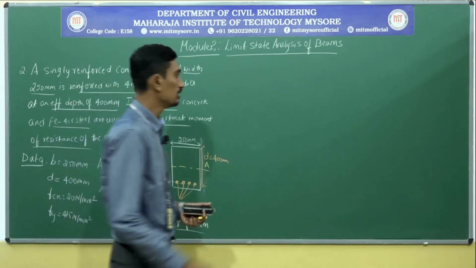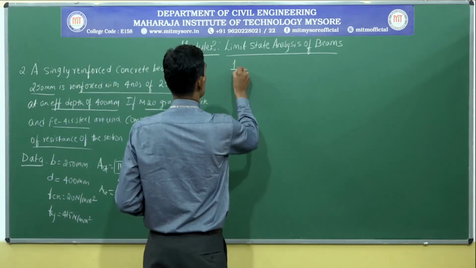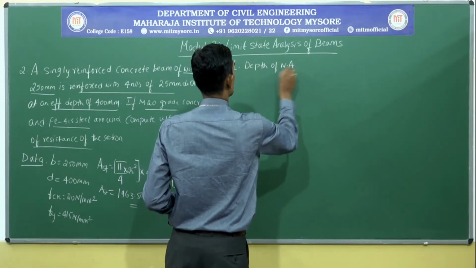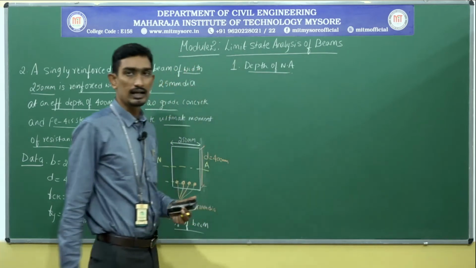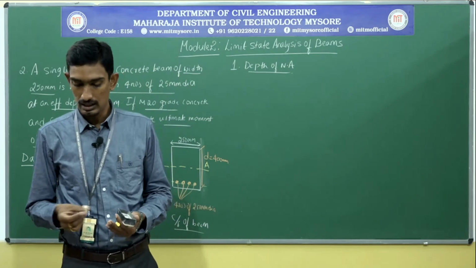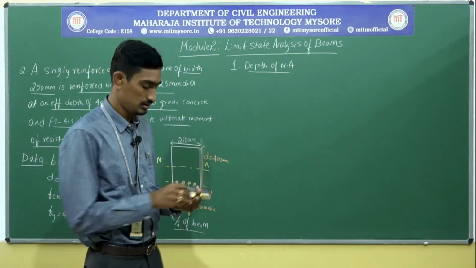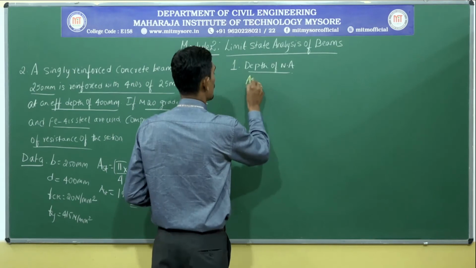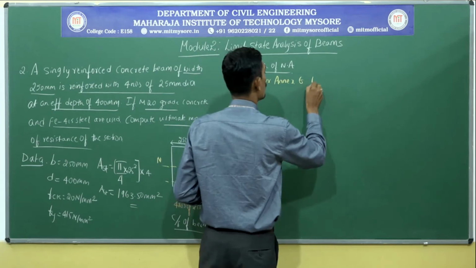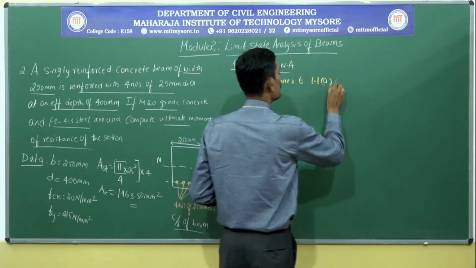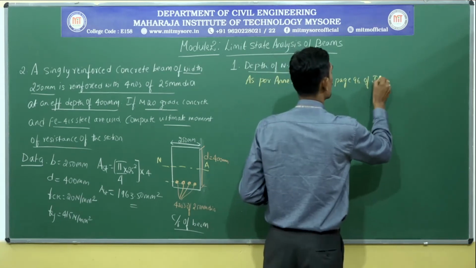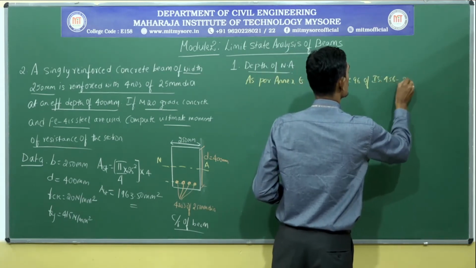Step number 1 is calculating the depth of neutral axis. This will be calculated as per Annex G, G 1.1a, page 96 of IS 456 2000.